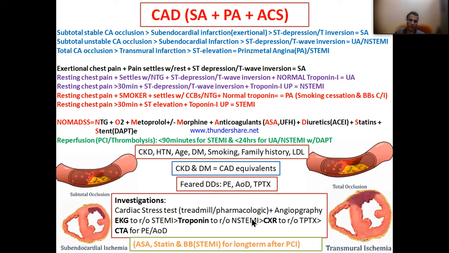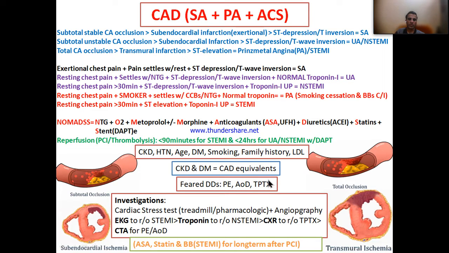And if all these tests are not positive for coronary artery disease, then you need to look for these differential diagnoses, which are pulmonary embolism, aortic dissection, and tension pneumothorax. For pulmonary embolism and aortic dissection, you can run CT, and if the CT is positive for them, then obviously you are going to treat these two conditions.